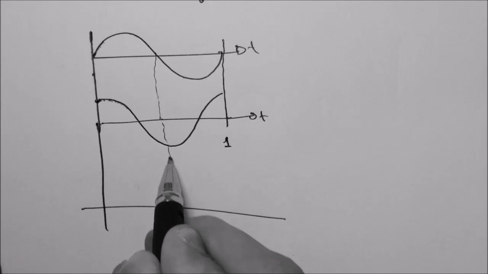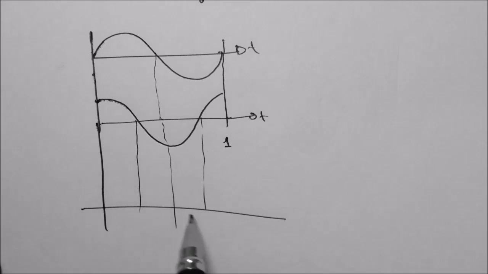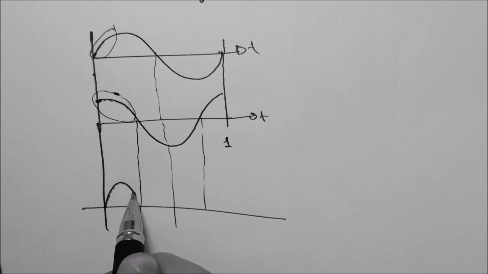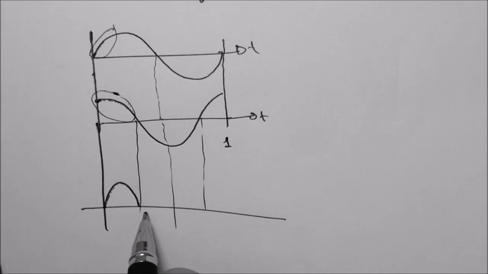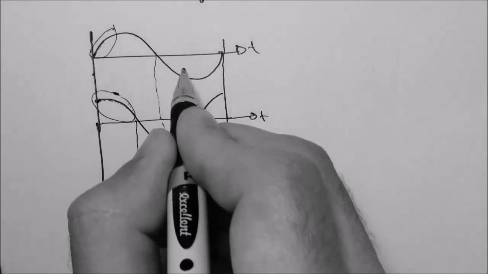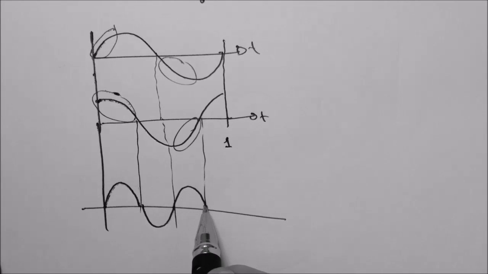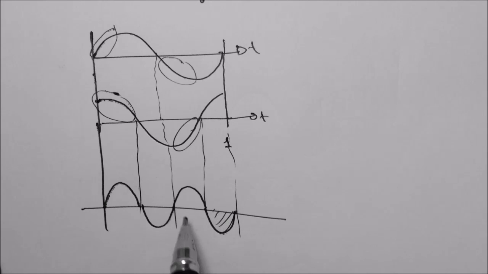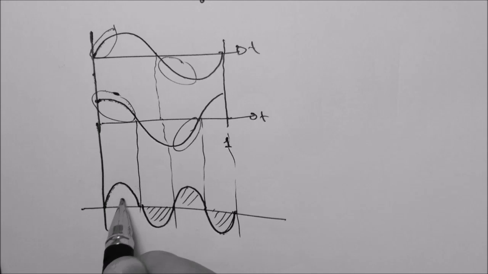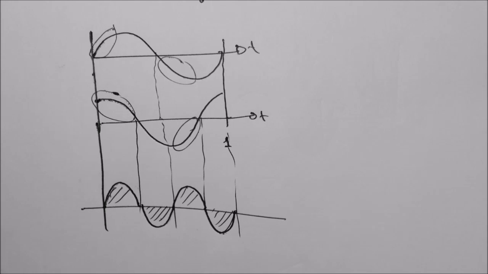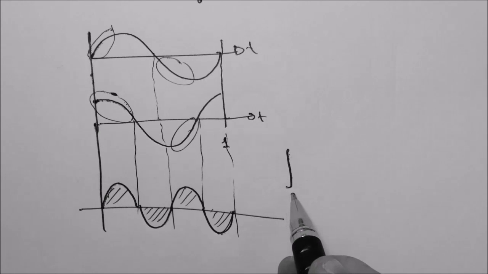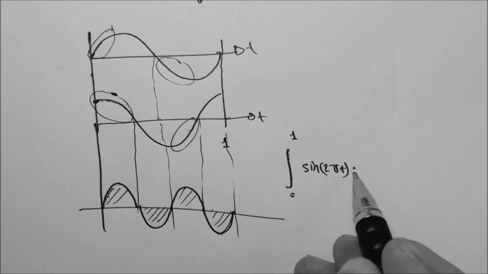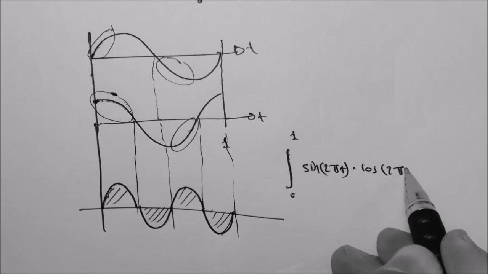What do we get? A positive quantity times a positive quantity would be positive. Negative times positive would be negative. And negative times negative would be positive. And then negative. So when we integrate this signal over 1 second duration, we get 0 as well. So we can say that integration from 0 to 1 of sine 2πt times cosine 2πt dt equals 0.